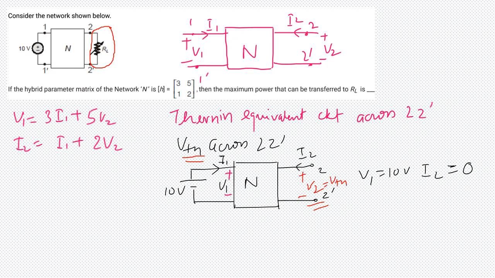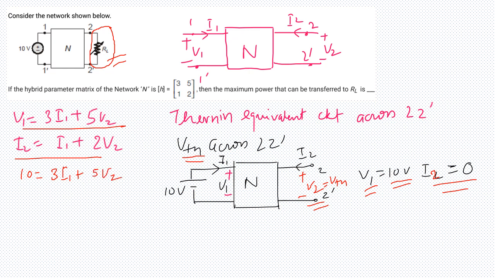I have removed the resistance RL across 2 dash, so no current flows there and I2 is 0. My input V1 is 10 volts. Substituting in the equations, the first gives 10 equals 3 I1 plus 5 V2.